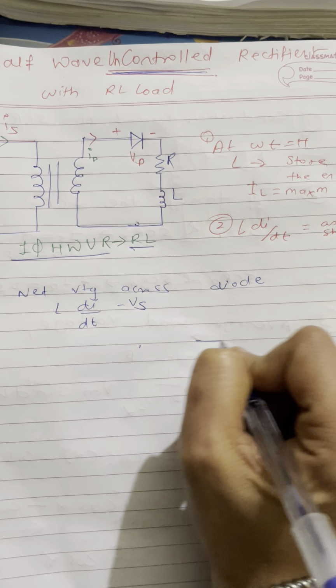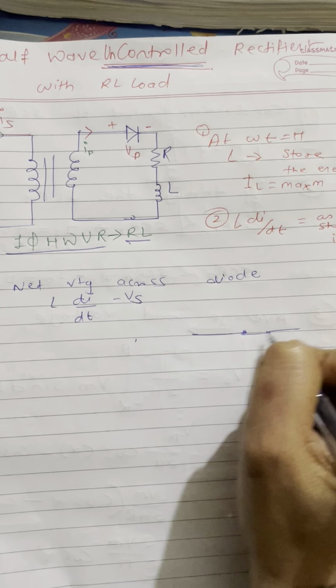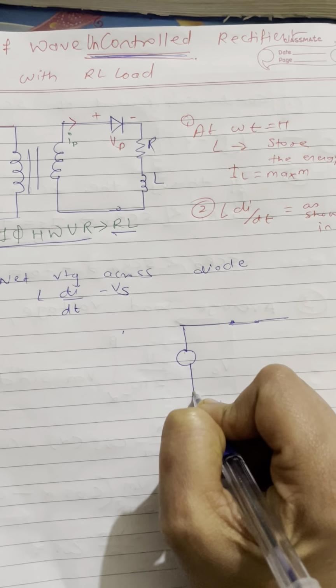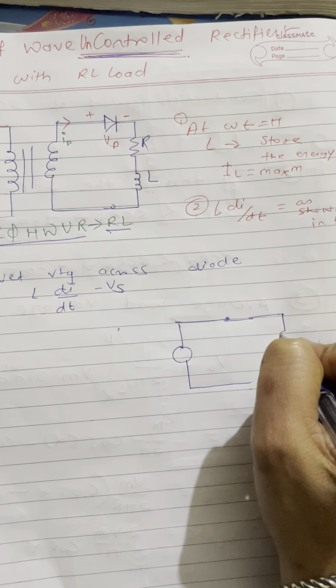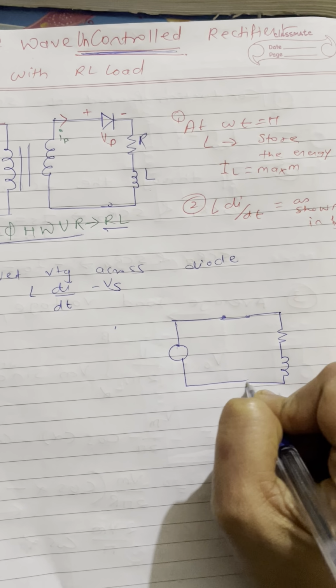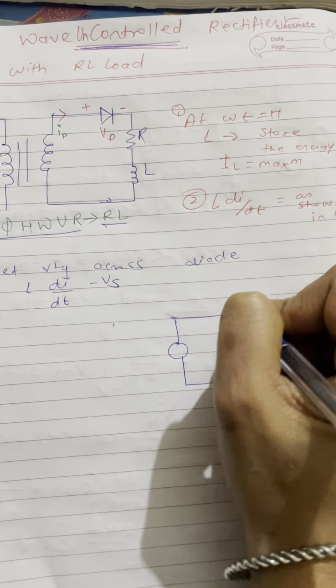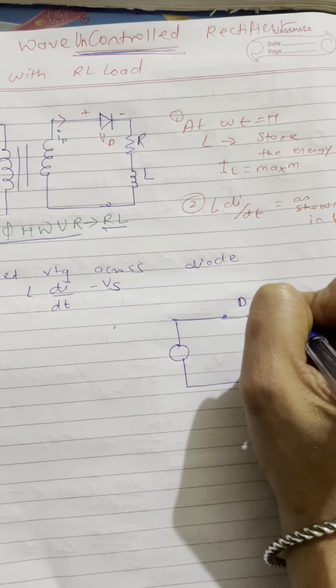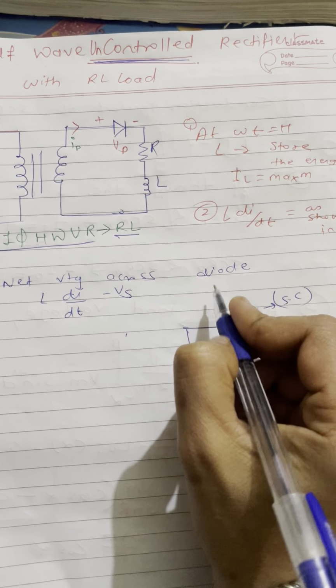That means the diode D is conducting here, in the second diagram. With the R load and L load, the diode is short circuited when it is conducting.